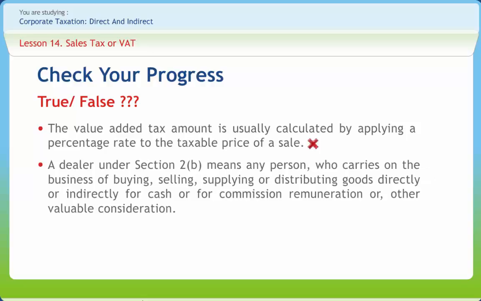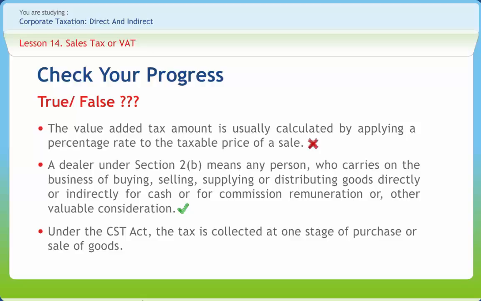A dealer under Section 2B means any person who carries on the business of buying, selling, supplying or distributing goods directly or indirectly for cash or for commission, remuneration or other valuable consideration. Right or wrong? Right. Under the CST Act, the tax is collected at one stage of purchase or sale of goods. Right or wrong? Right.